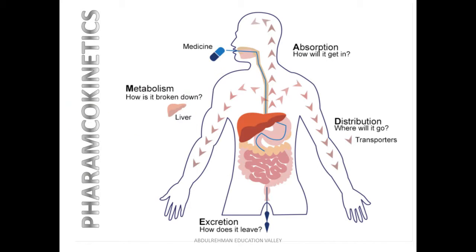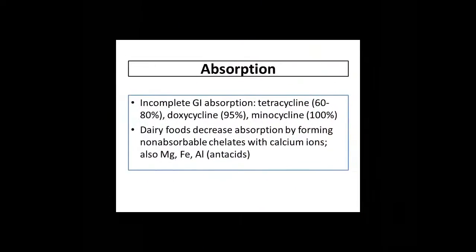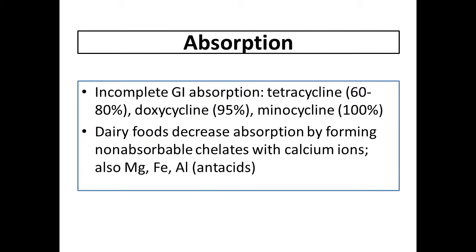Now we will see how the tetracyclines are absorbed, distributed, and metabolized in the body, and finally how they are excreted from the body. Oral absorption of most tetracyclines is incomplete, and the percentage of unabsorbed drug rises as the dose increases.